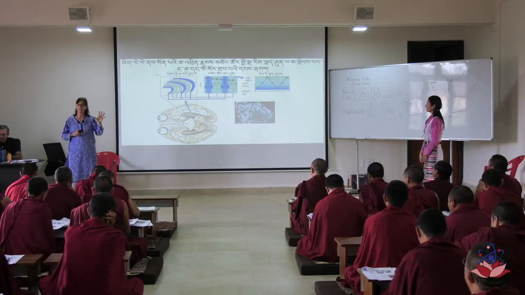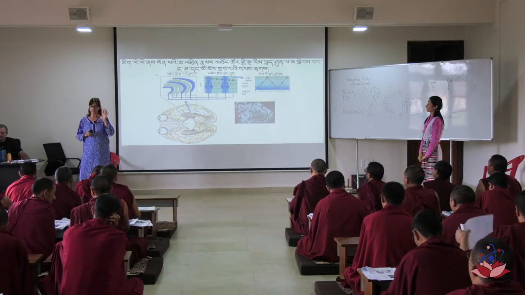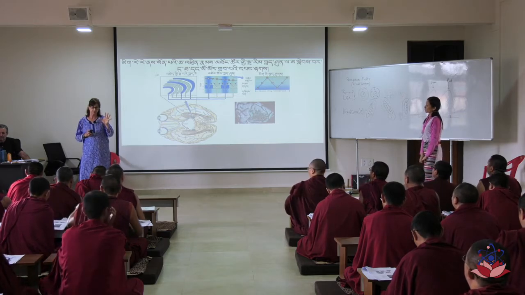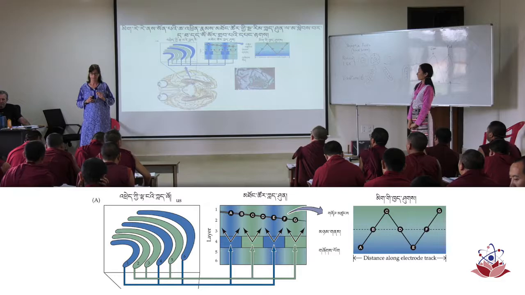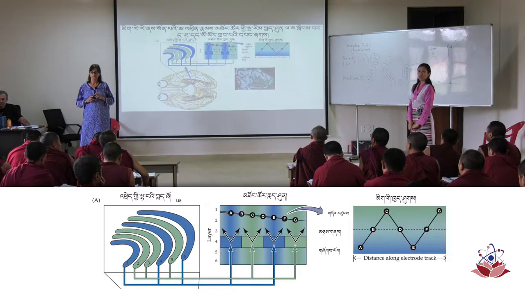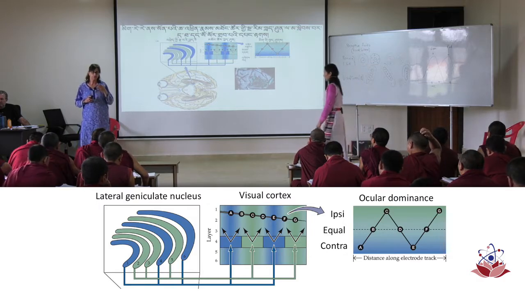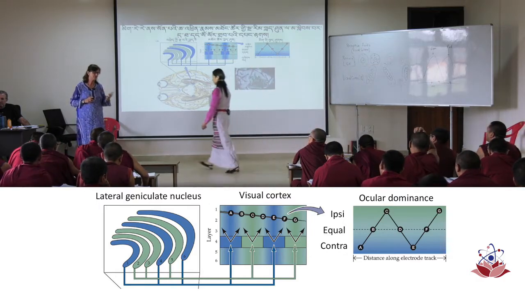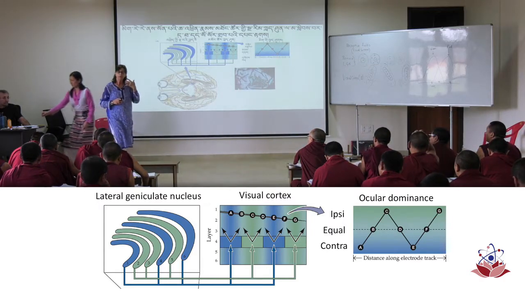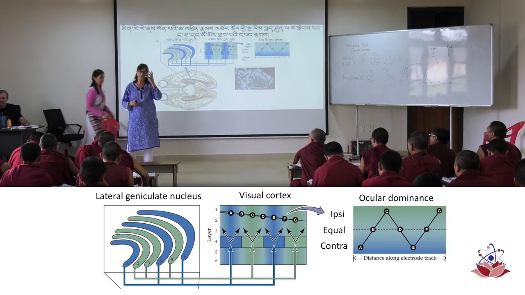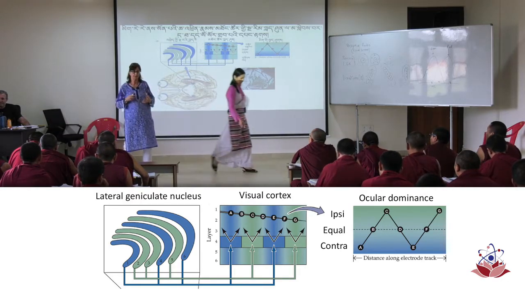I want to talk about a different aspect of receptive field properties that we see in the visual system. And this is very much related to some of the questions that you were asking me earlier about what if we have conflicting information in one eye versus the other eye.